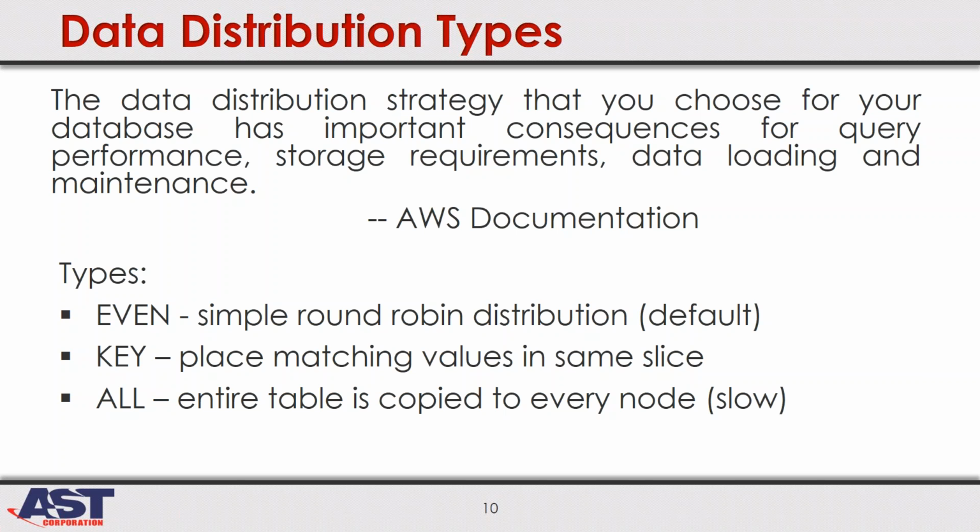Coming to the even distribution, the data will be loaded into the compute node in a simple round-robin fashion, and it is also the default distribution type. If you are not telling Redshift anything, it takes even by default. For example, if you are loading 1200 records into the compute node, it will evenly distribute them among the slices.